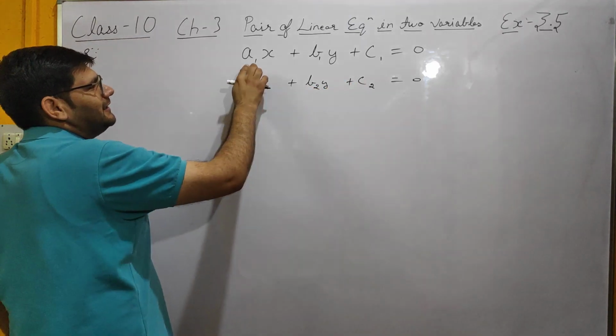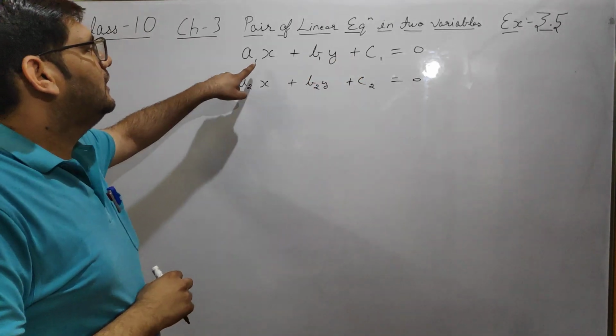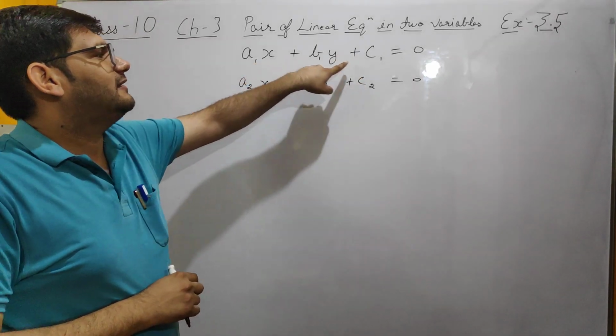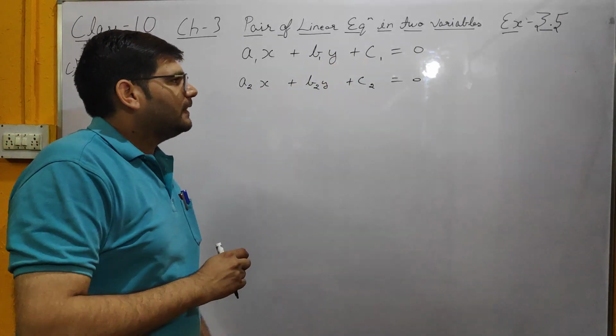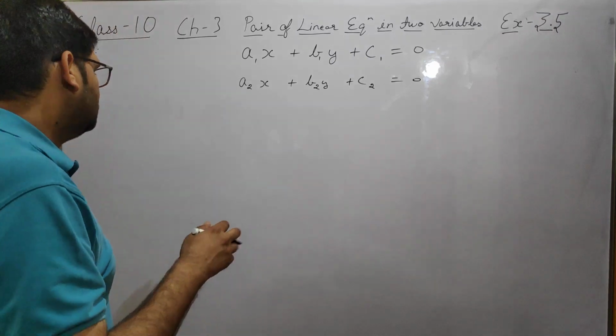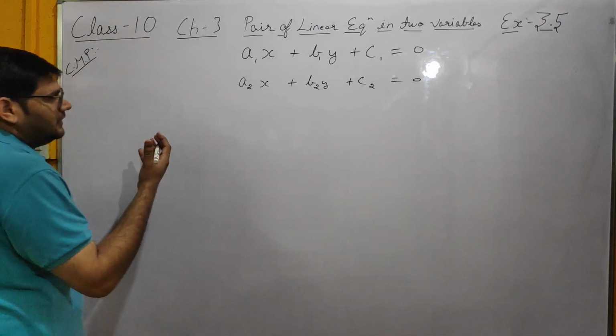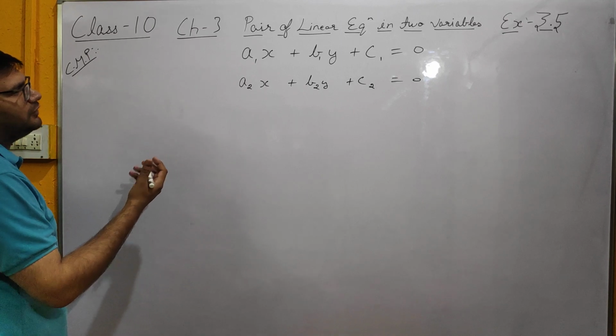Now we know that a1, b1 and c1 are the coefficients of x, y, and the constant respectively. Similarly, a2, b2 and c2. Now we have to solve these equations by the cross multiplication method. Just note down the steps: what to do and how to do it.